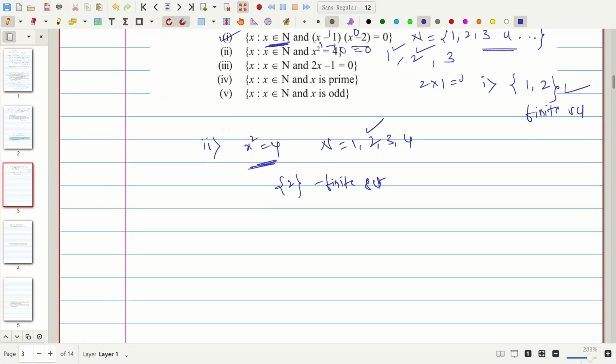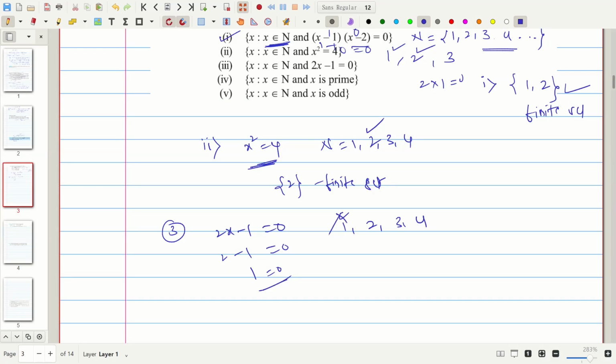Now we'll see the third example. The equation is 2x minus 1 is equal to 0. If you put the natural numbers 1, 2, 3, 5, then for 1, 2 ones are 2 minus 1, so 1 remains, 1 is equal to 0. Both are not equal, so 1 is not satisfied.